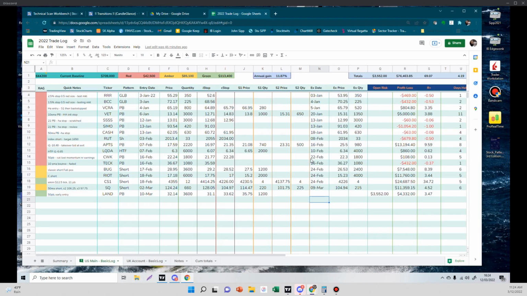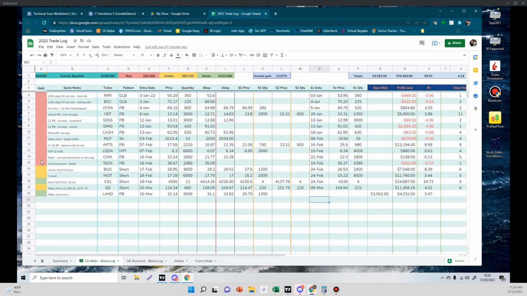So you can see how my system works. I had 2 losses in a row. I always start off red, obviously a red position size, which is essentially a third of a normal position.